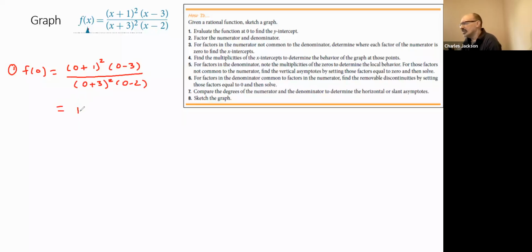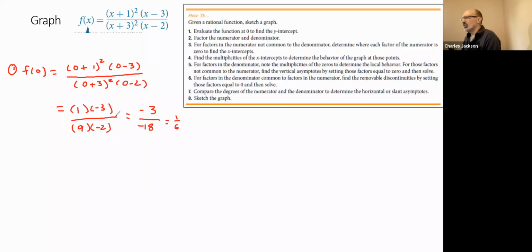That's 1 times a negative 3, 9, and a negative 2. So negative 3 over negative 18. One-sixth.